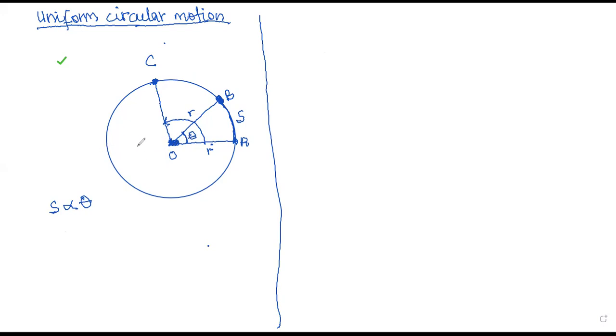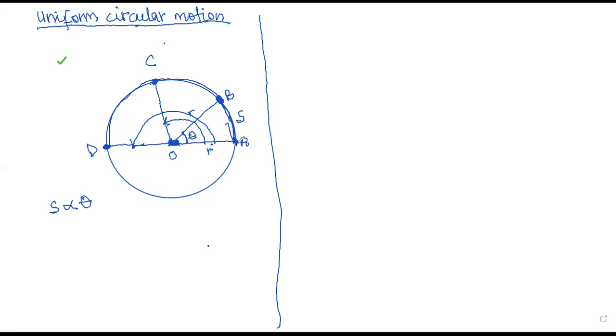When the body manages to move from A to, let's assume, this point D, the body has gone through half of the circle, a semicircle. So half of the circumference becomes the linear displacement of the body. And look at the angular displacement, a whole angle of 180 degrees.